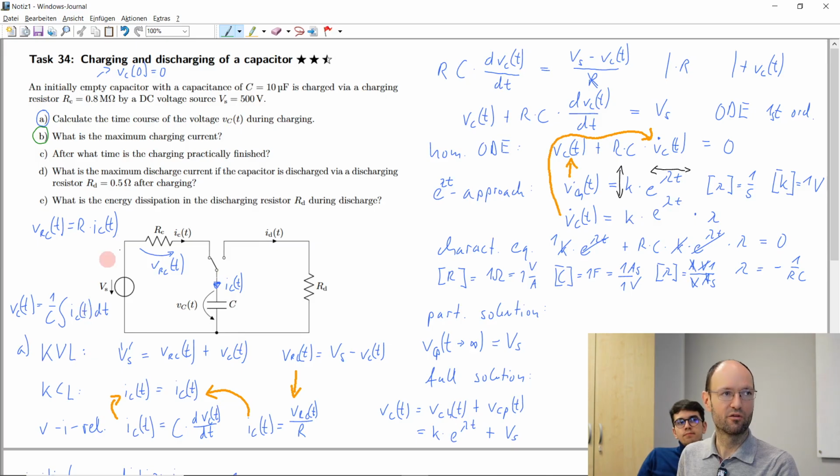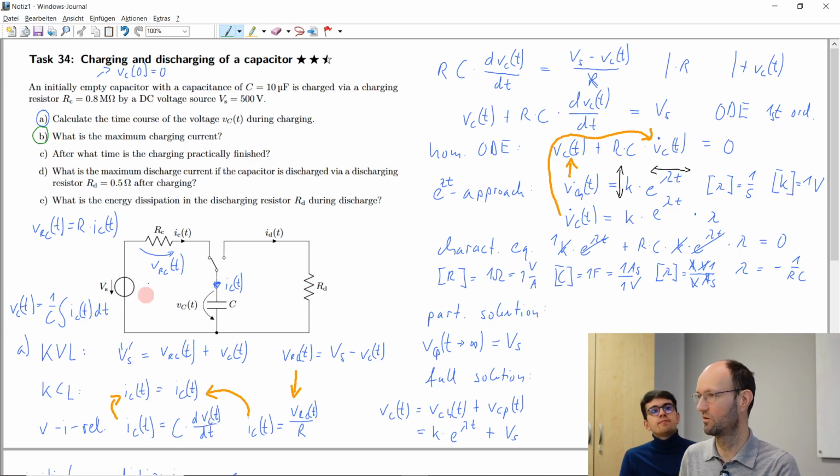And so we will have a current in this loop, and because we have a current in the loop, the voltage at the capacitor will change, will increase. The total voltage will be constant. The voltage at the resistor will decrease. So the current will decrease. So there is still some current. There is still some increase of the voltage here, but it will not be that fast anymore. And so, this is the way it will continue.